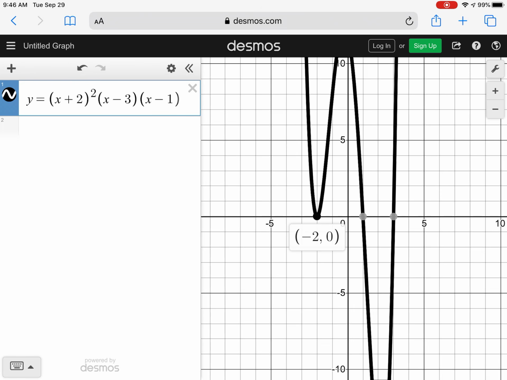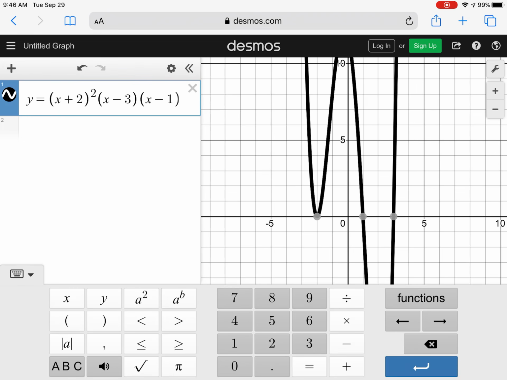Now, the corresponding root, the root that corresponds to the factor x plus 2, is the x-intercept of negative 2. And notice now that I have it to the power of 2. Notice that the graph doesn't just slice through the x-axis. Now it bounces off of that. That's a root with multiplicity 2, and that's represented by the exponent in the corresponding factor, the exponent of 2.